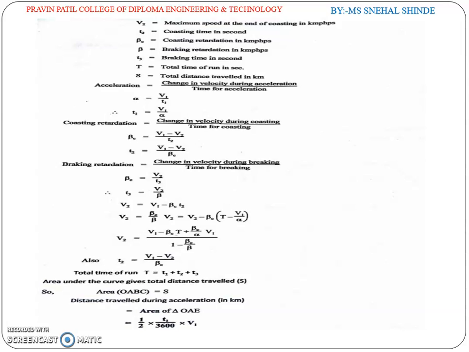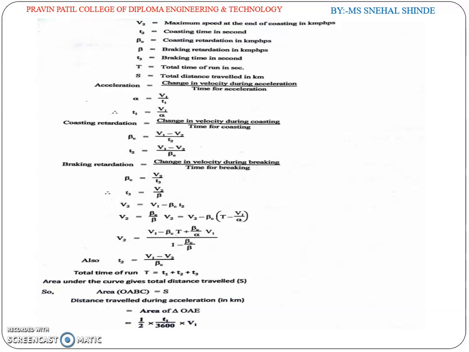While we simplify the equation, V2 becomes V1 minus beta 0 into T plus beta 0 divided by alpha into V1, divided by 1 minus beta 0 divided by beta. Also the T2 value will become V1 minus V2 divided by beta 0. So the total time of run, capital T, equals T1 plus T2 plus T3.